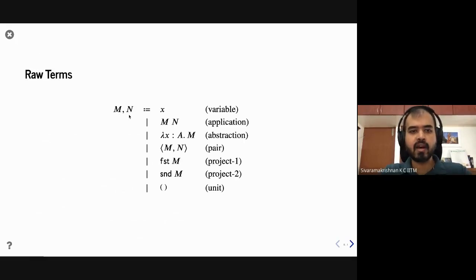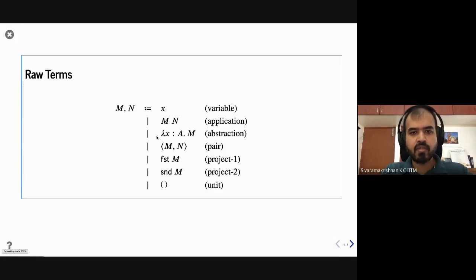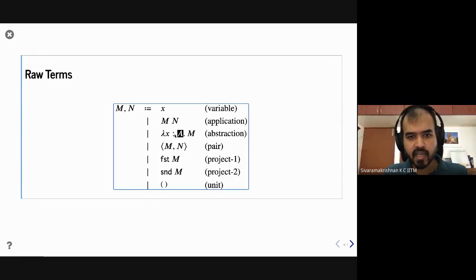Again, M and N are lambda terms. A term could either be a variable or an application or an abstraction, right? In untyped lambda calculus, we just had lambda x dot m. So we said, oh, that's a binder and that's a term. So here, what we have in addition is we have to explicitly provide the type for the binder.